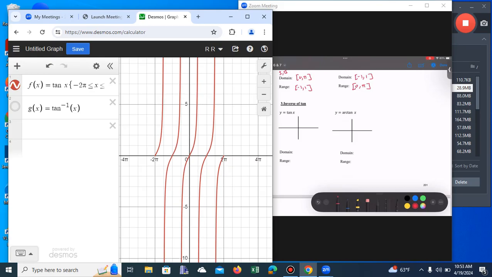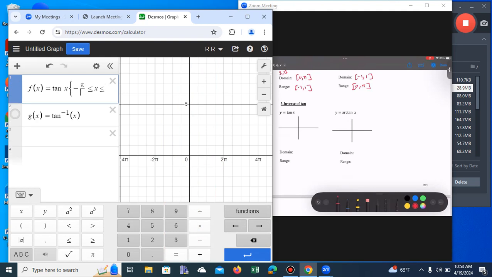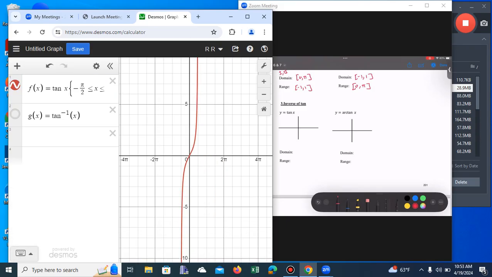So we see with this one, it doesn't pass a horizontal line test, so it's not going to be a one-to-one function. We do have to restrict it, and what we want to do is restrict it between the asymptotes. So we're going to restrict it from, similar to sine, -pi over 2 to pi over 2. We get just one section of that.